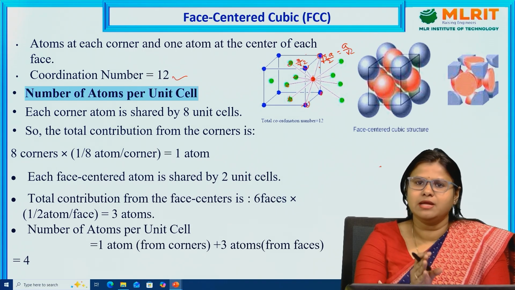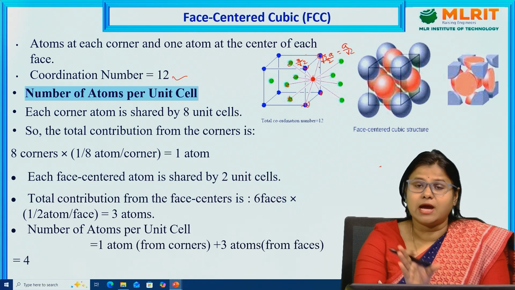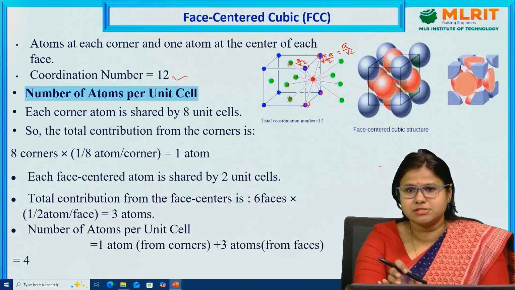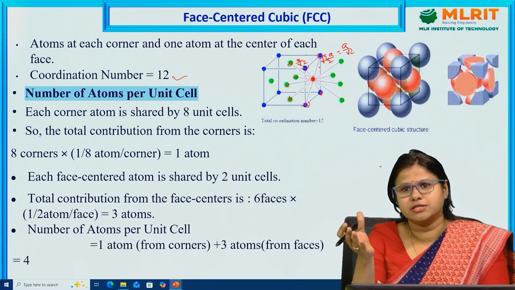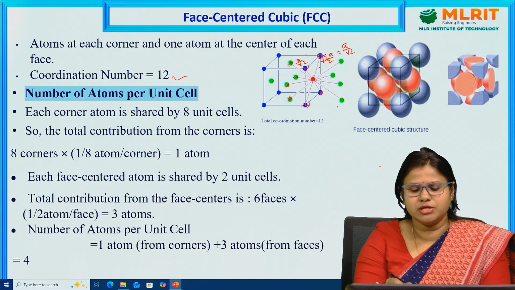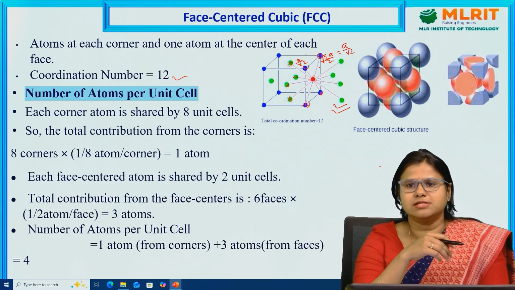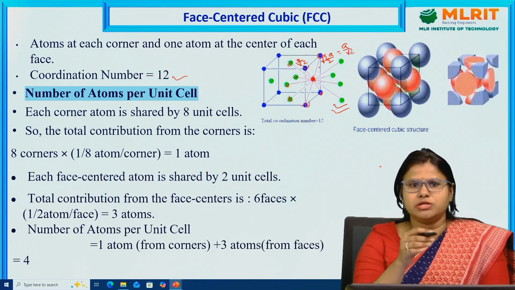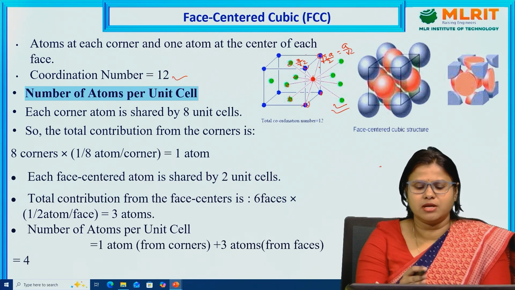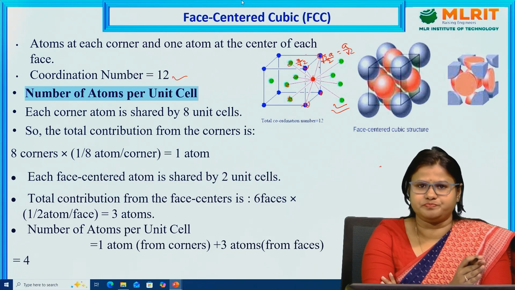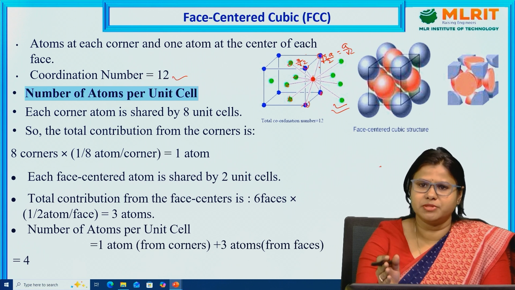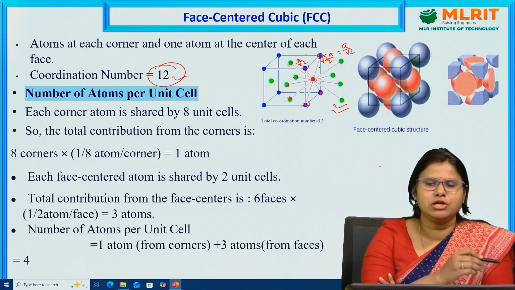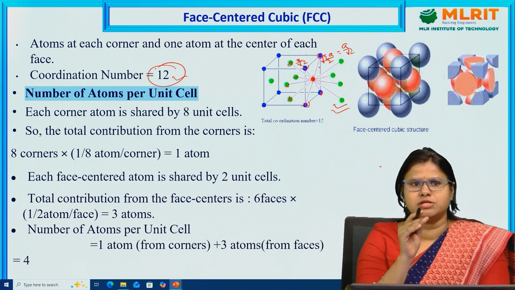Similarly, if we consider another unit cell at the right of this unit cell when constructing the complete crystal system, there are another 4 additional atoms which are nearest neighbors to this face centered atom. So in total we are getting 4 from the corners, 4 atoms from the left cube and 4 atoms from the right cube. So in total we get 12 nearest neighbors. So here the coordination number is 12.